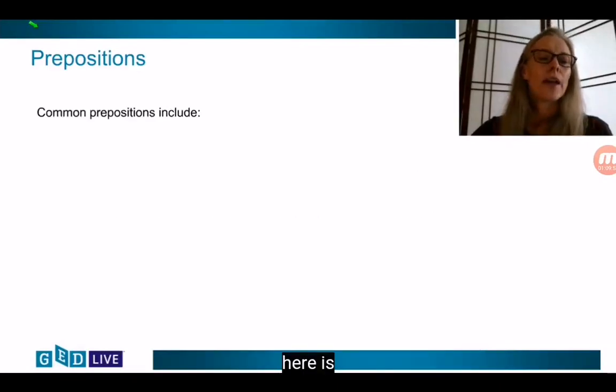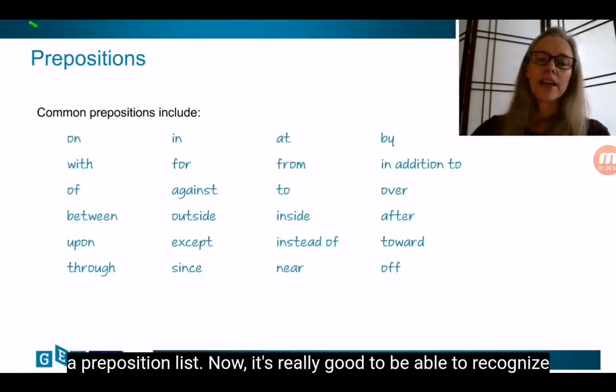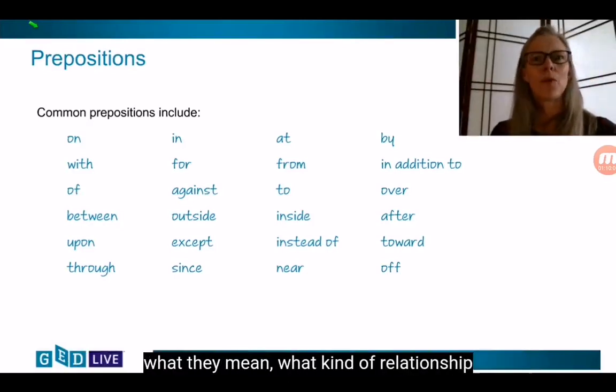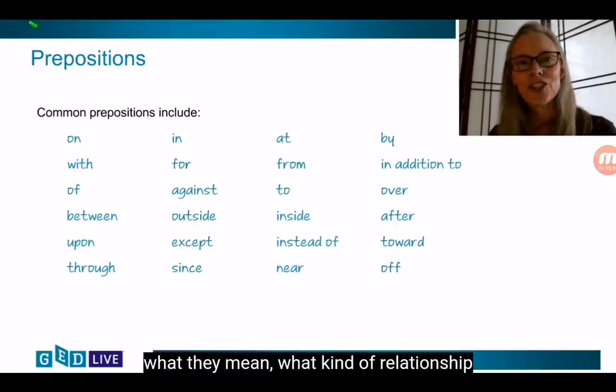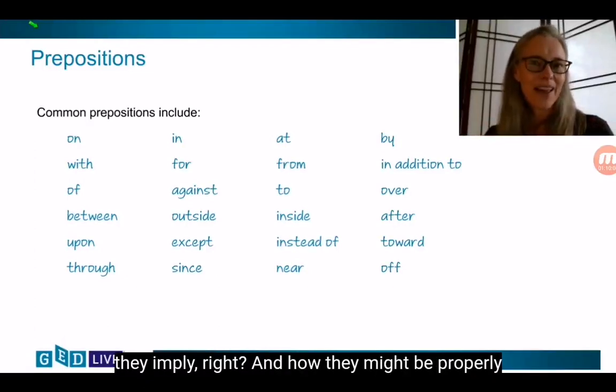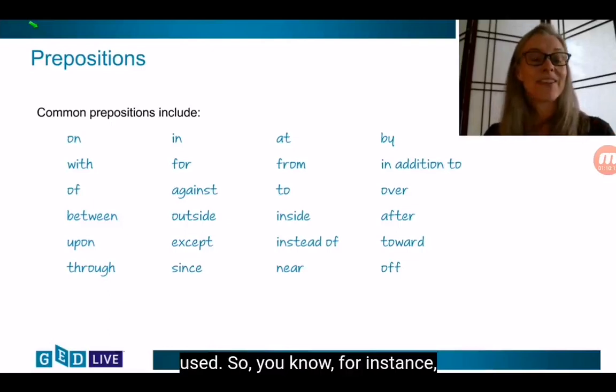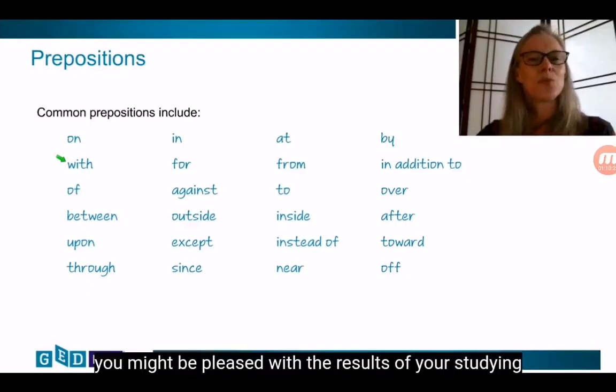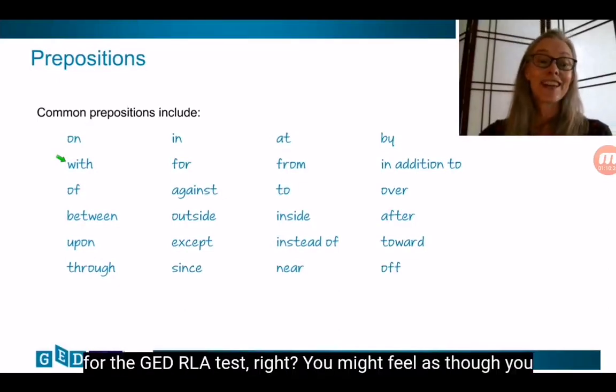So here is a preposition list. It's really good to be able to recognize all of these prepositions and think about what they mean, what kind of relationship they imply, and how they might be properly used. For instance, you might be pleased with the results of your studying for the GED RLA test.